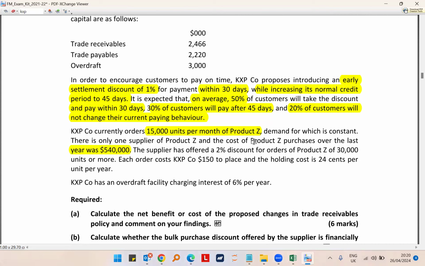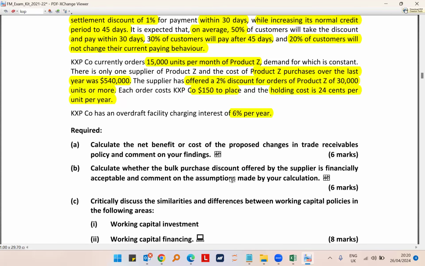The supplier has offered a 2% discount for orders of product Z of 30,000 units or more. Each order costs $150 to place, and the holding cost is 24 cents per unit per year. Overdraft interest is 6% per year.